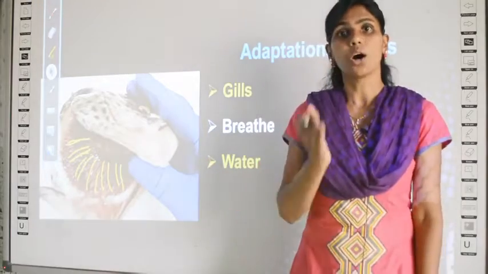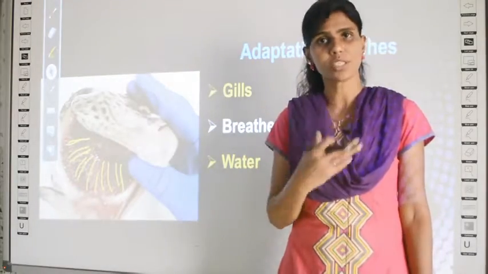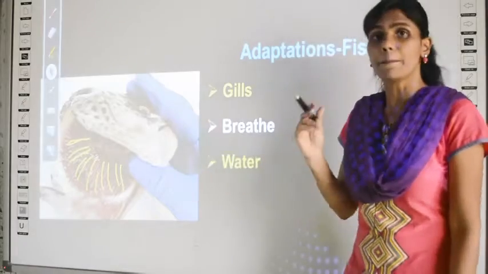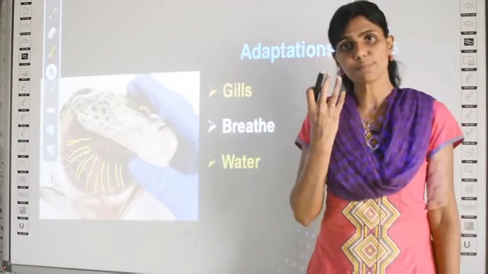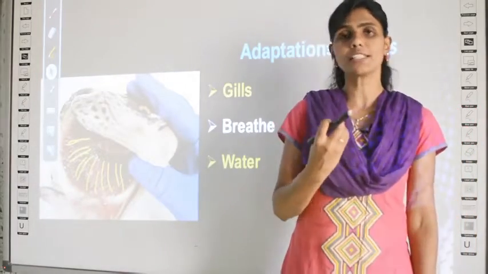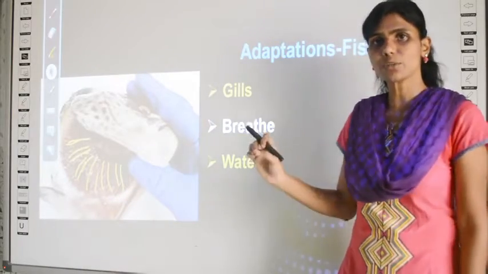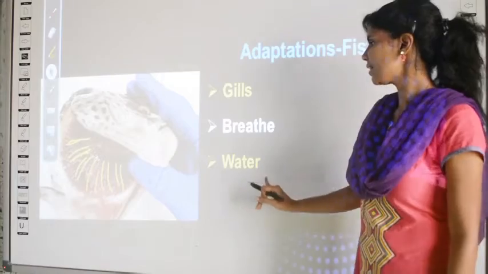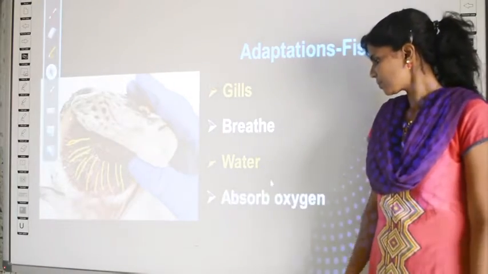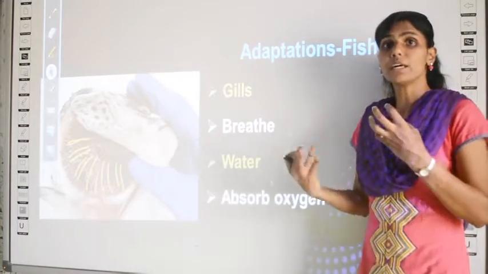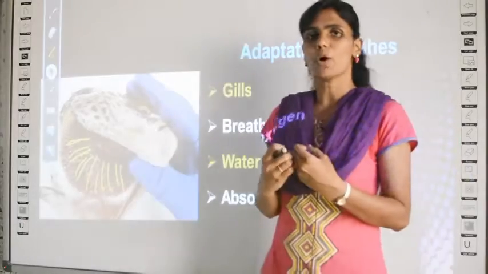But fishes always manage to survive in water because of the presence of gills, which is a special adaptation which makes the fish to breathe inside the water. Because of this gills only fish can breathe inside the water, and through the water they absorb oxygen.